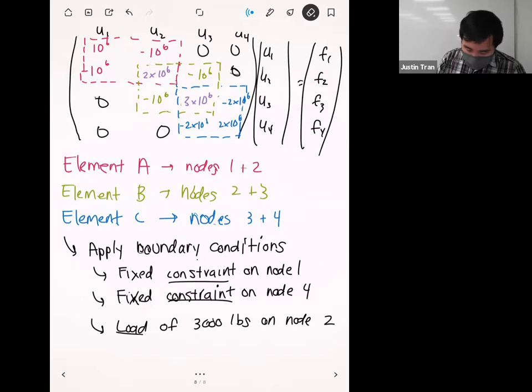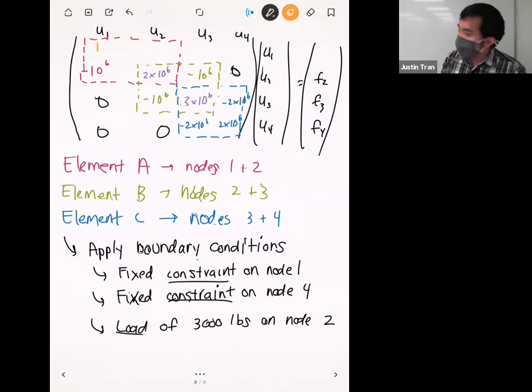And so node 1, we're going to go to the row in the matrix that corresponds to row 1. We're going to erase all of the terms there, and I'll erase these two just for illustration's sake. We're going to put a 1 on the main diagonal, and then we're going to replace everything else with zeros.